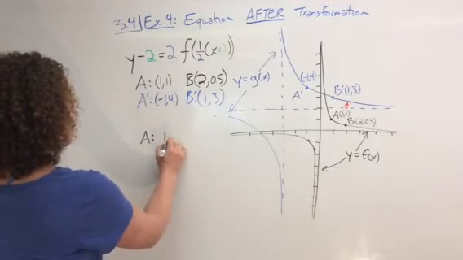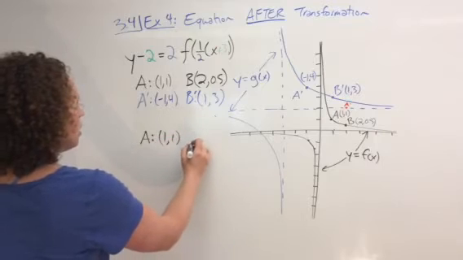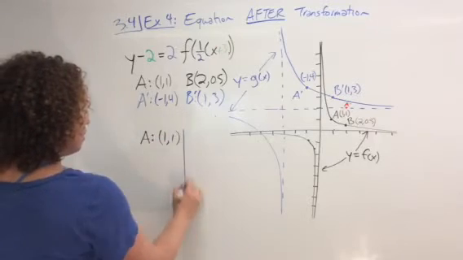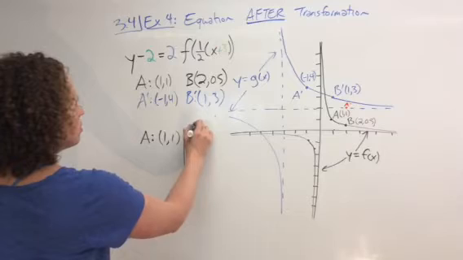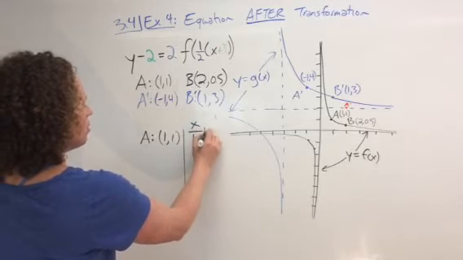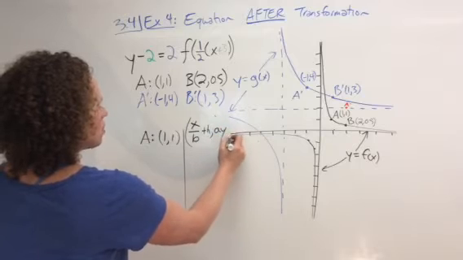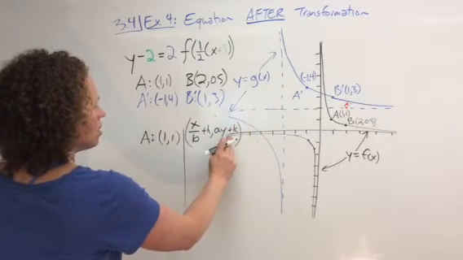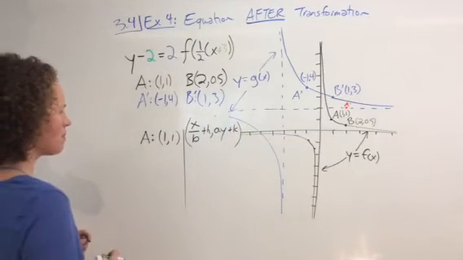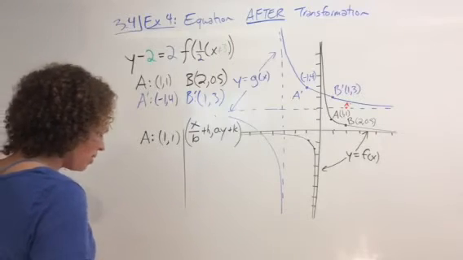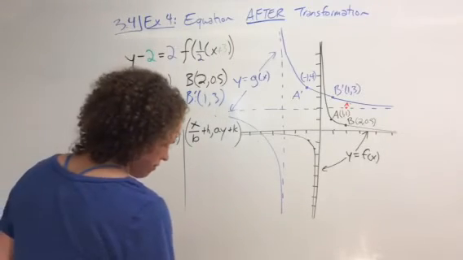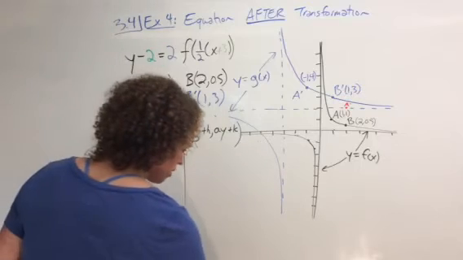A is 1 and 1. And if I want to do X over B plus H, A times Y plus K to get my new point, then I have to put in all the values that I have sorted out here.